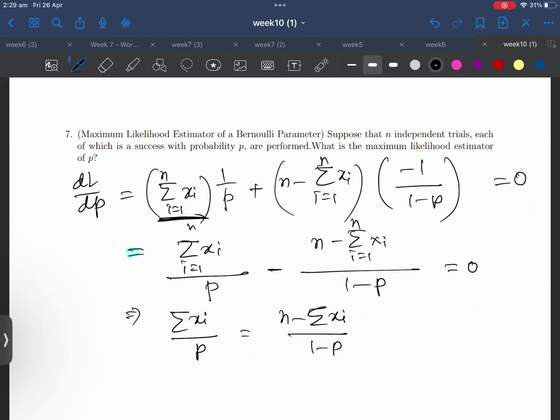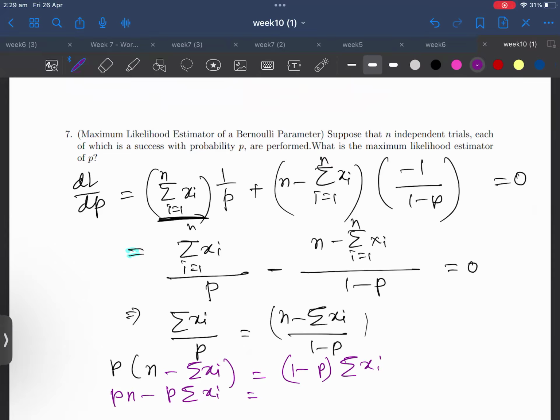So we just need the cross multiplication here. So pn minus p summation of xi equals 1 minus p times summation of xi, which gives p summation of xi.